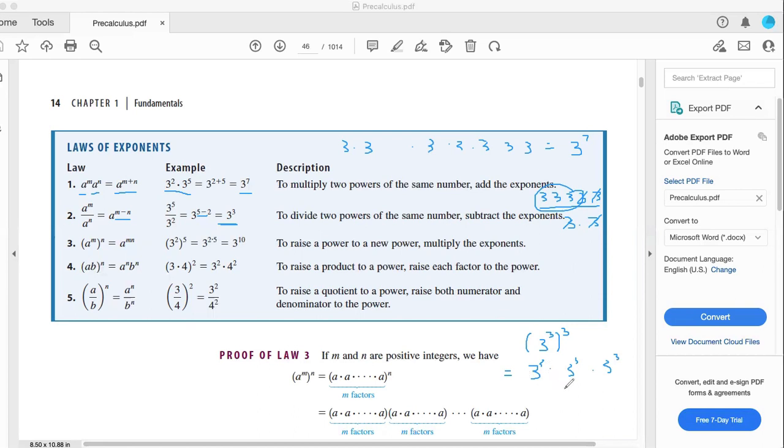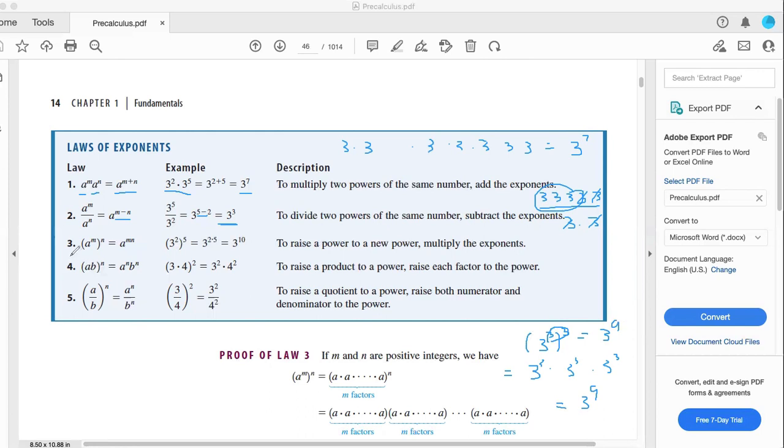How many 3s do we have? We have 1, 2, 3, 4, 5, 6, 7, 8, 9. So in total we have nine 3s, so 3 raised to the 9th. The 9 is equal to 3 times 3. I just need to multiply the exponents to get the 9 here.